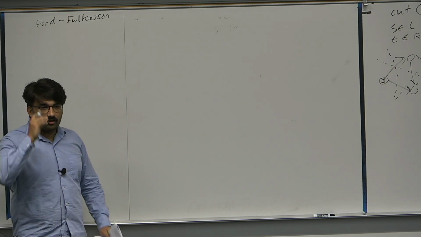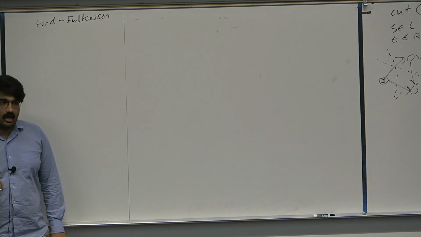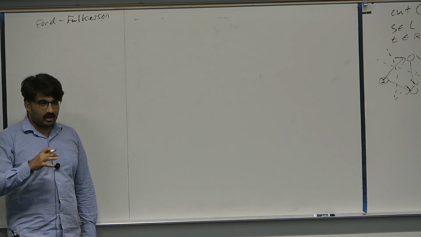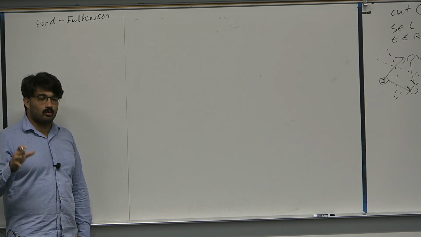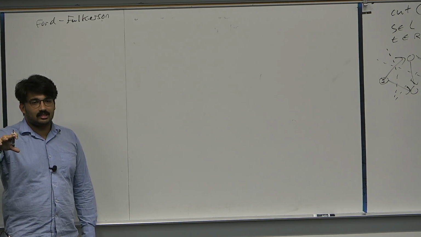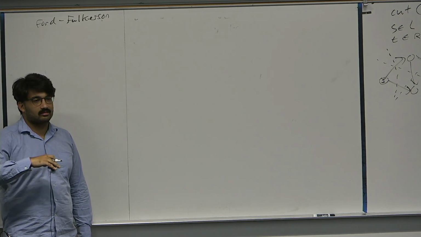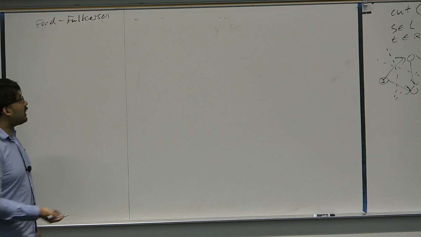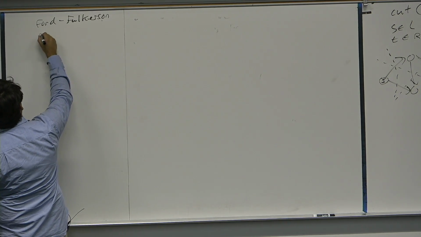So Ford-Fulkerson is basically a greedy algorithm, but it modifies a copy of the graph, called a residual graph, in such a way that future greedy decisions can undo past greedy mistakes. That is basically what Ford-Fulkerson does. We keep a residual graph called GF.